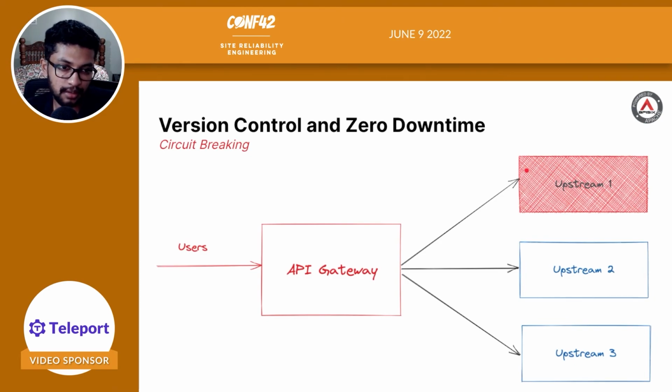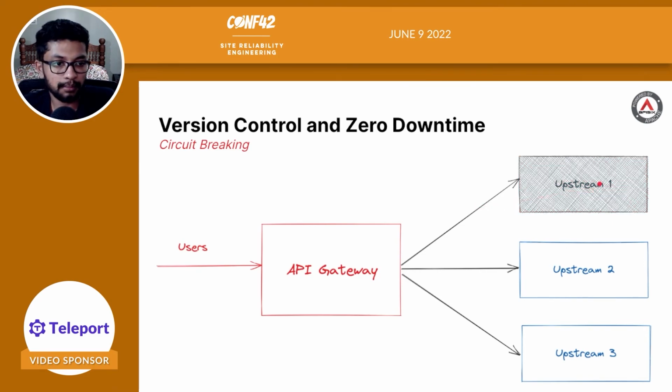This can cause a chain reaction, and it can even cascade into all of your other upstreams. So your whole system may go down like domino tiles. So it needs to be cut off.